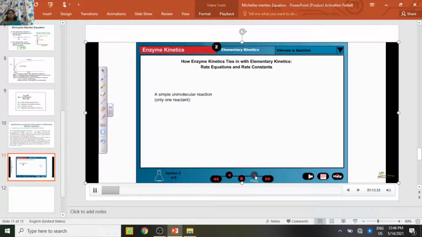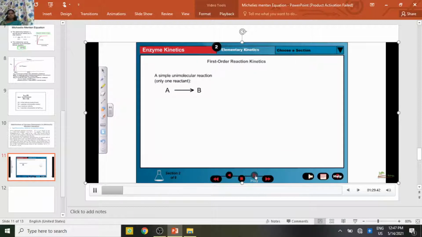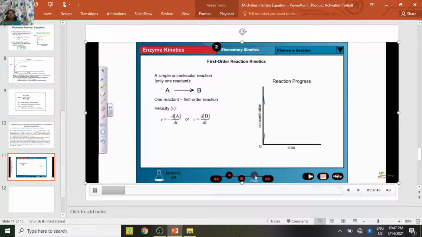Let's begin with a simple reaction, a unimolecular reaction that can be described as A being converted into B. Recall that since there is only one reactant, this is a first-order reaction whose rate or velocity can be described as the disappearance of the reactant over time, or the appearance of a product over time.